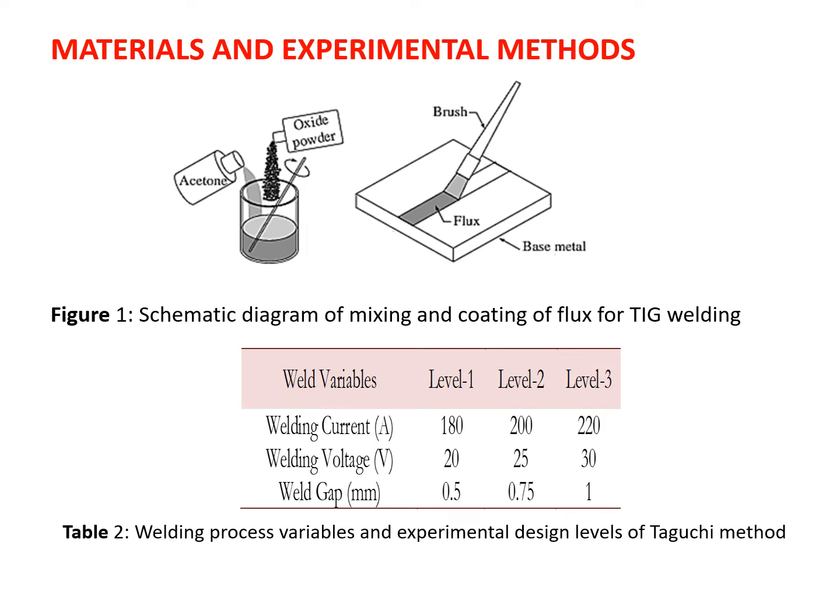A machine mounted torch was used, with a standard 2% thoriated tungsten electrode of 3.2 mm diameter, and high purity argon at a flow rate of 15 liters per minute was fixed in all welds. The tip configuration of the electrode was a blunt point with a 45-degree included angle. The table lists the weld process factors which have been used in the current research work.